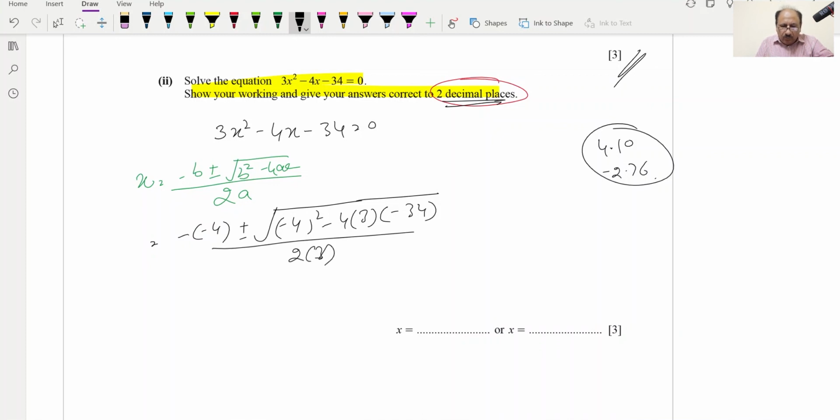And now you can use the calculator, and we have already checked. Answer will be this one. So we can write x1 is equal to 4.10 and x2 is equal to minus 2.76. So 4.10 and minus 2.76 for 3 marks.